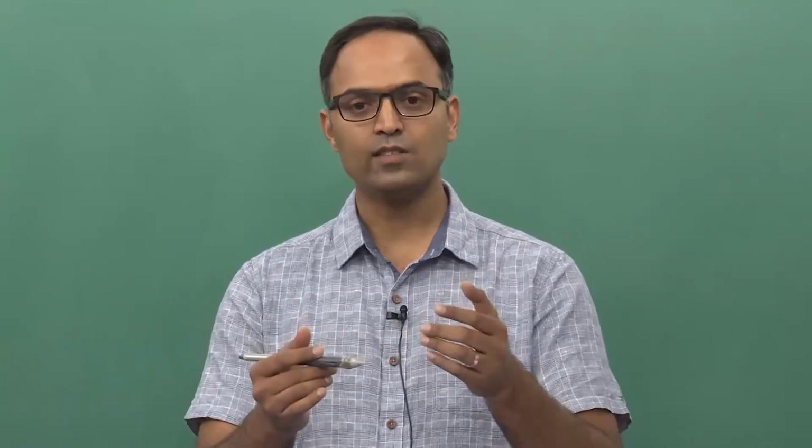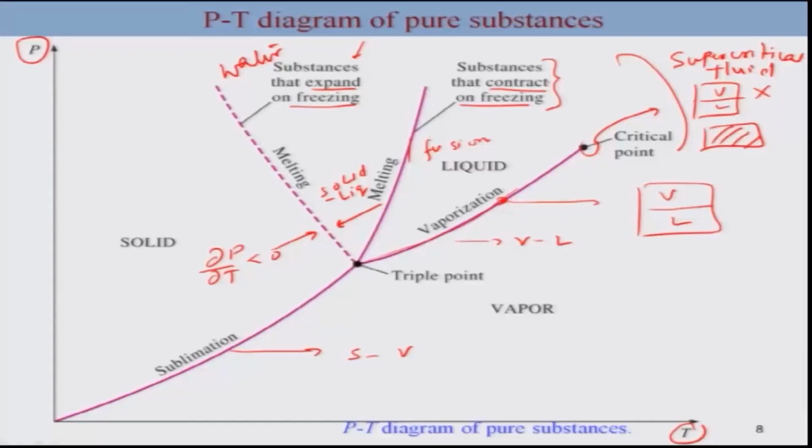The path of transition, the phase transition it undergoes, is quite different. For example, if you take a solid phase far on the left side, and you keep the temperature constant and drop the pressure, you undergo a solid to vapor transition.